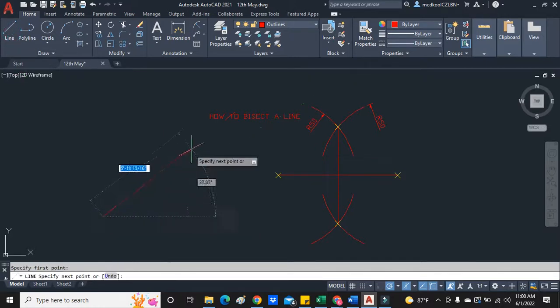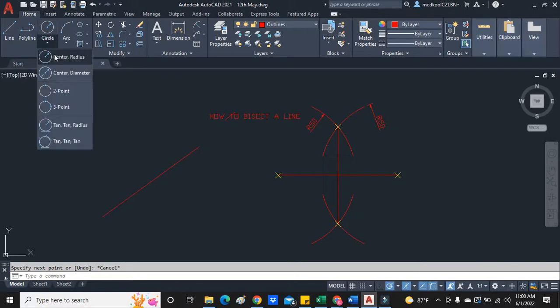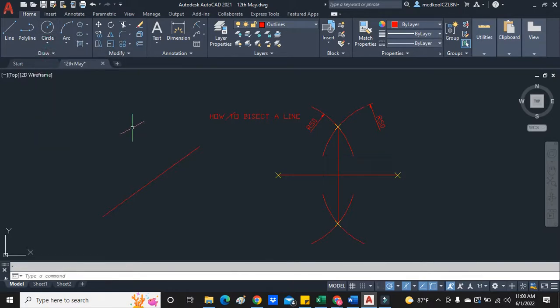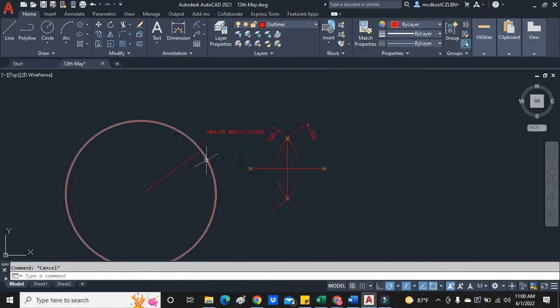Let's try it with a different line, this slanted line here. So what do I do to bisect this line? I only use radius 50, but it just needs to be close to the other side. You can actually do it to the other side.